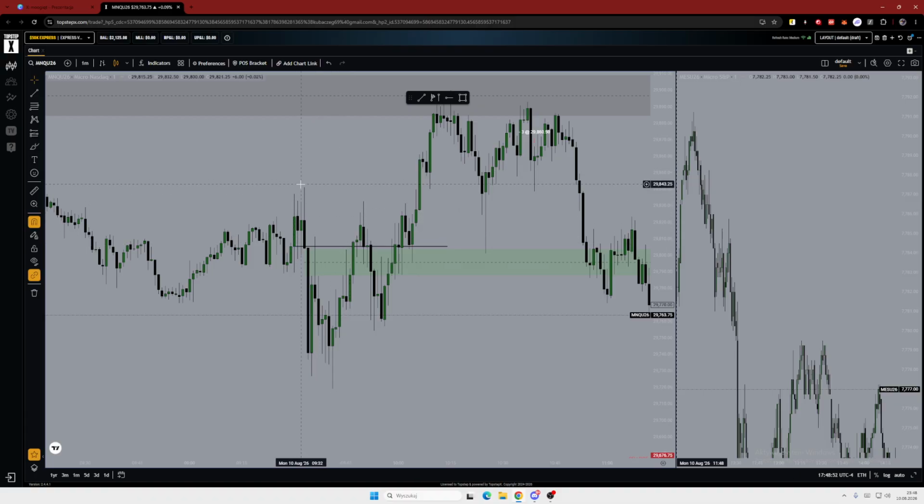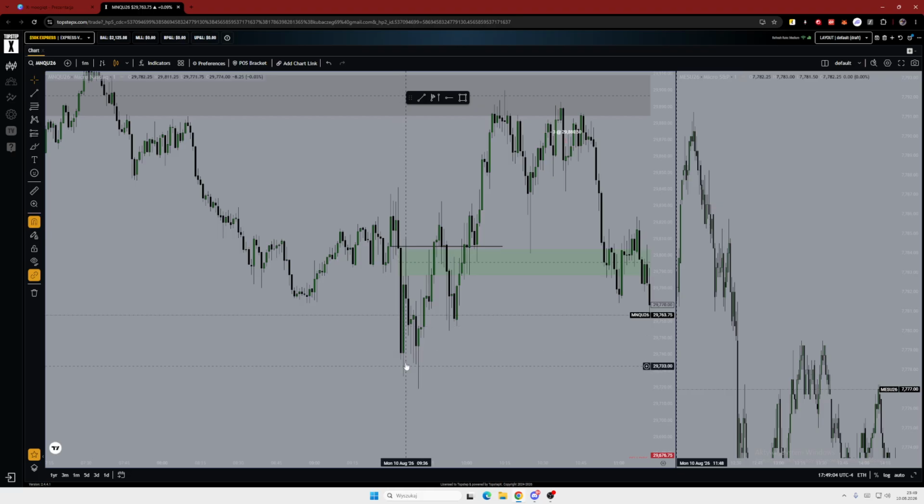We open higher, which you could have said was the manipulation, but then we go lower, and the real manipulation for this PO3 was this one, right? So we have accumulation, manipulation, but this PO3 lacks distribution, because we bounced up and back here and there. This whole move was just bouncing up and down.